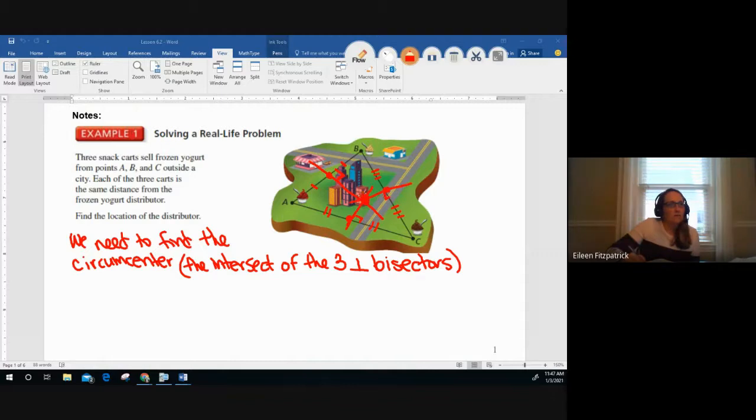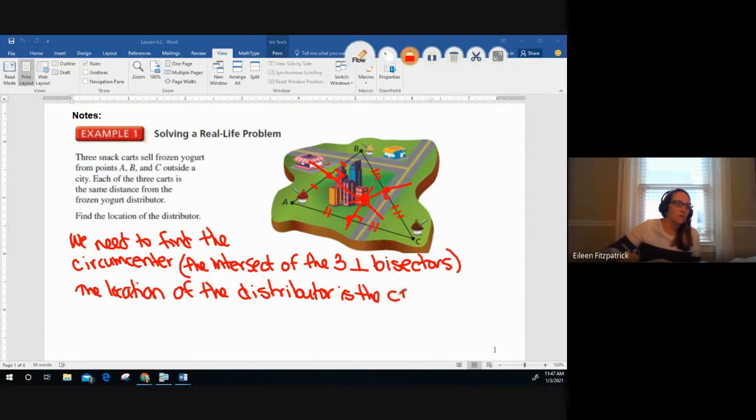So about right here is where the three perpendicular bisectors intersect. So that is where your distributor should be. So the location of the distributor is the circumcenter.